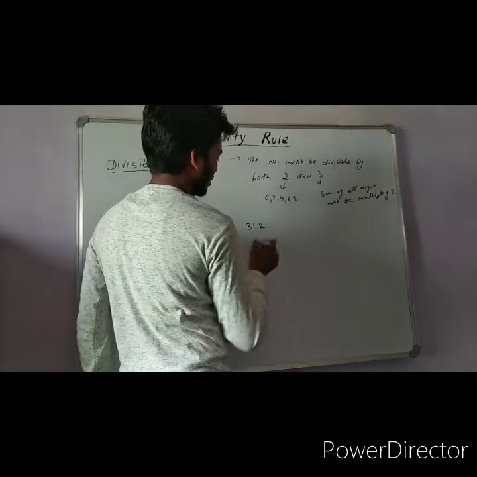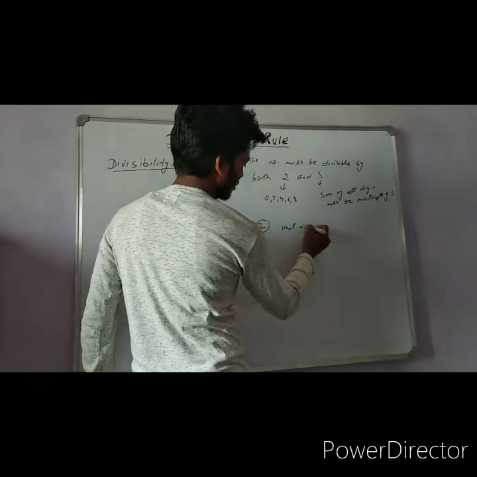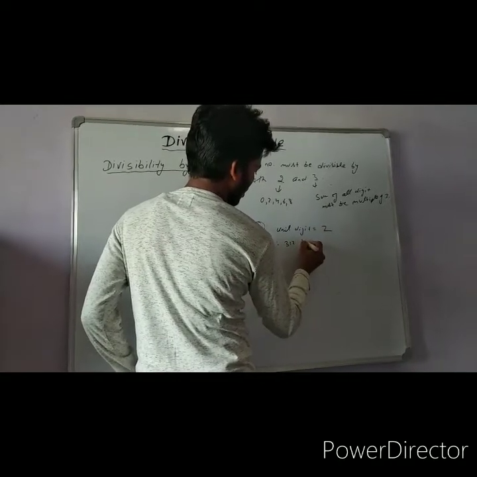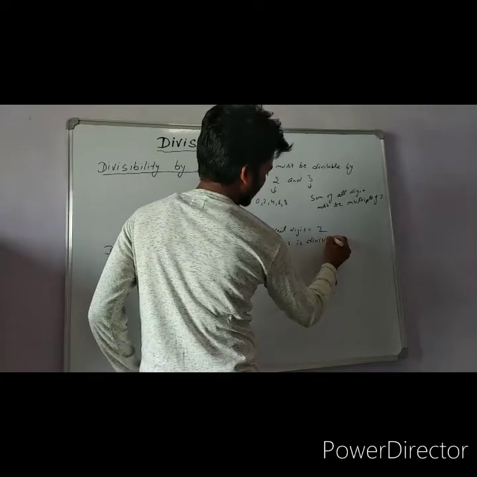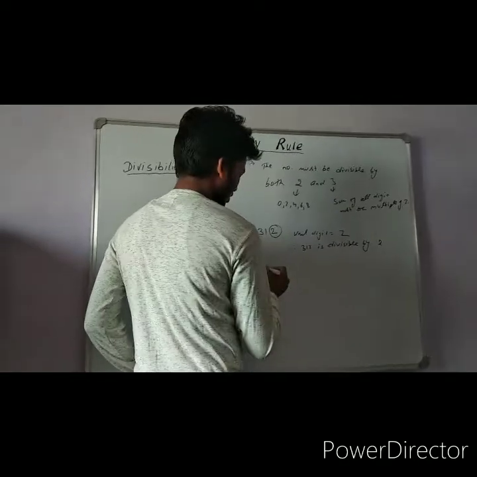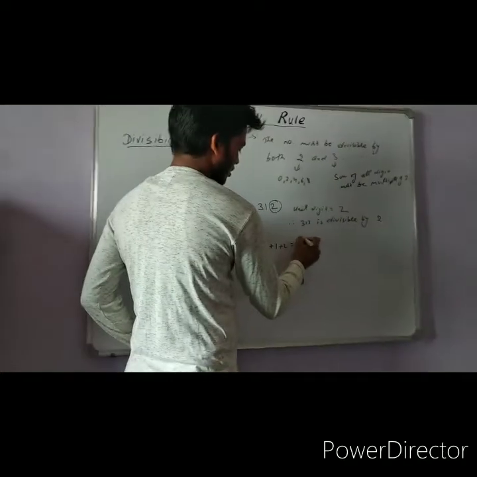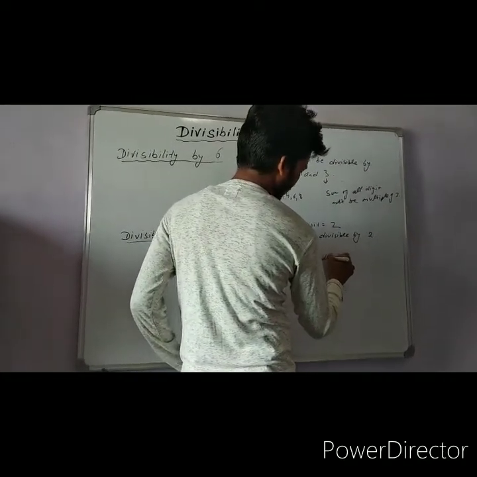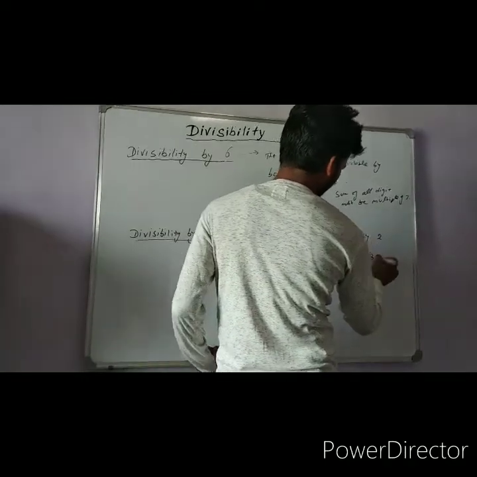This is the example, 312. Here unit digit is 2. Therefore 312 is divisible by 2. Now for 3, add all digits, 3 plus 1 plus 2. This is 6. 6 is a multiple of 3.